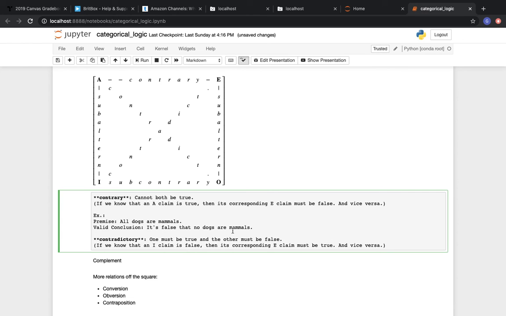Just be careful again about the direction. Of course, here with contradictories, we can be a little more free about it because this is a symmetric relationship. We know that one has to be true and the other has to be false. So if the I claim is false, the E claim must be true. If the I claim is true, the E claim must be false. And similarly for the A and the O claims.